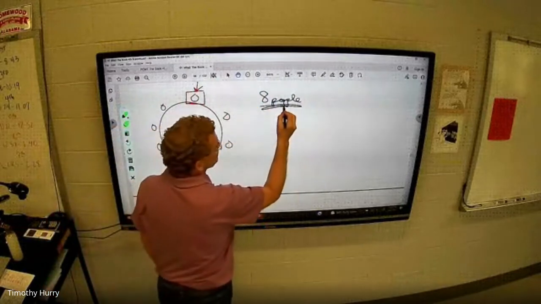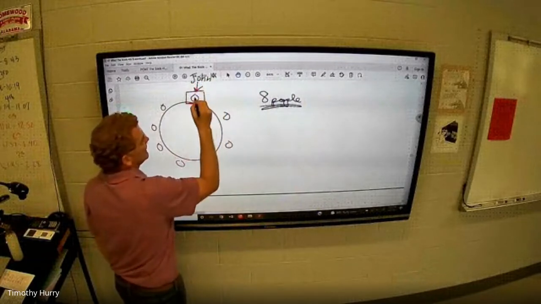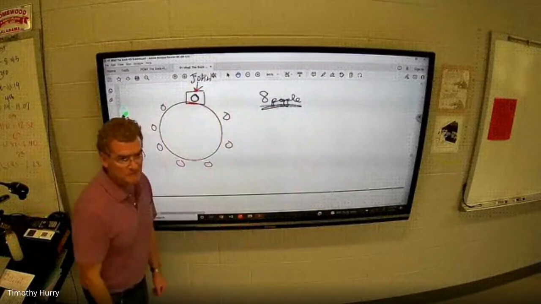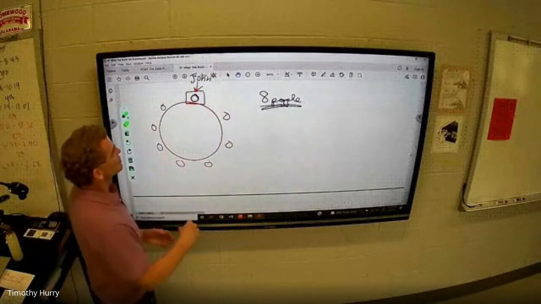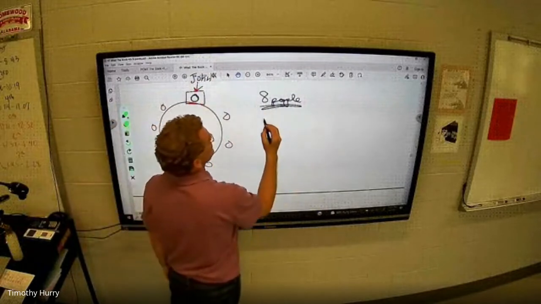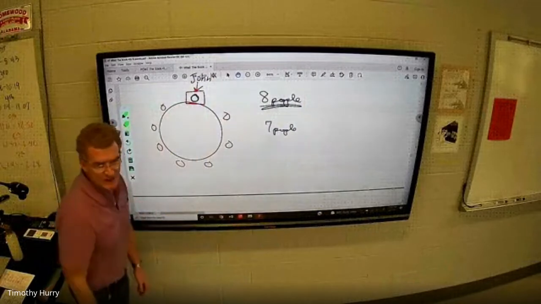And one of those people is John, and I'm sticking John right here. He has to be fixed, right? So how many people am I arranging? 7. So John has to go there, but the 7 people I arrange, if John has to get in that seat, still end up being where?